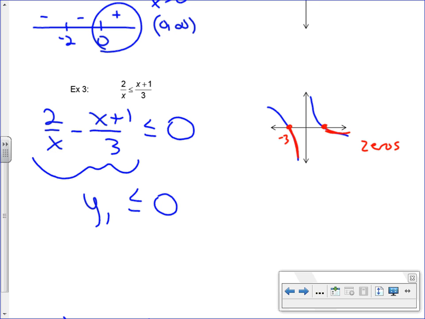And so once again, you're going between -3 and the x value here is 0. Okay, so that's an asymptote, so non-inclusive, and inclusive because of this right here. And then 2 out forever and ever. Okay, so there are your examples for how to solve equations and inequalities analytically as well as graphically.